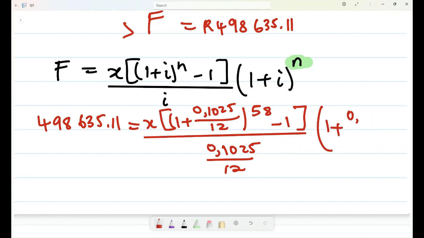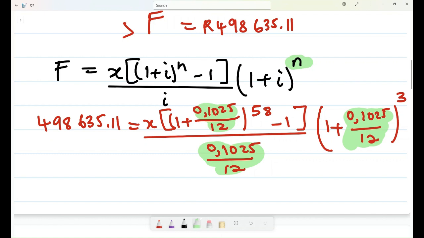What is i? 0.125 divided by 12. But now, how many months are there? Months, it is 3. This one should be similar for all of these. Yes. So how do I punch this?